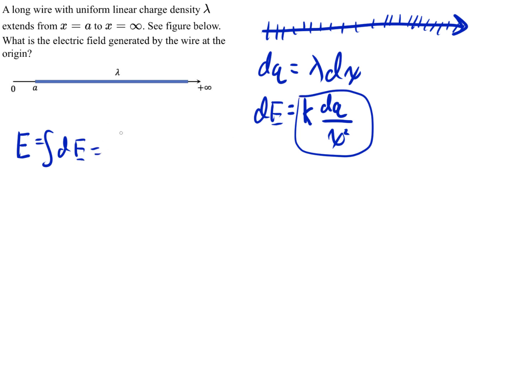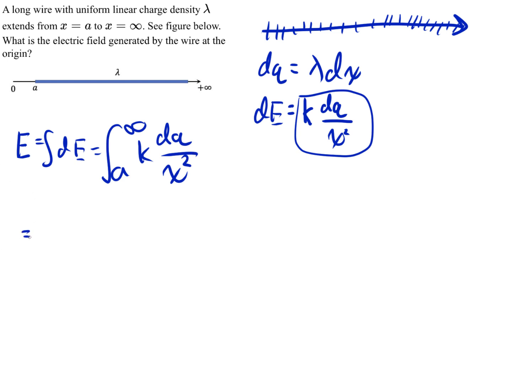We're going to set our limits of integration to be from a to infinity, since that's the length of the wire. Then we just write the Coulomb constant, each little charge dq, divided by the distance squared, which gives the strength of the electric field at that distance. And then we can replace each little charge dq with the charge density times each little length of the wire represented by dx.